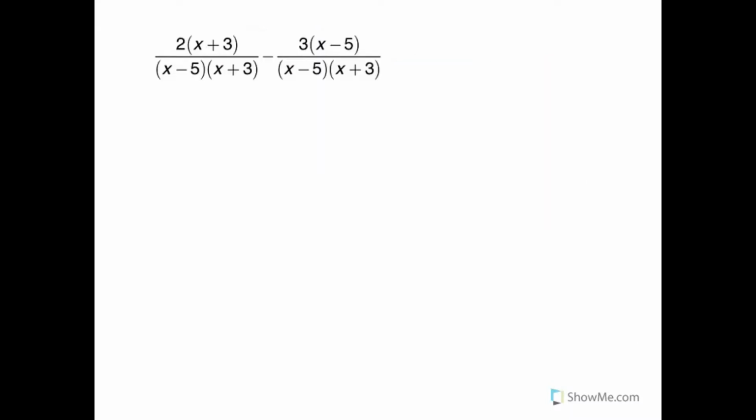Well, here's a complicated looking rational expression. But let's check the denominators. They match, so we're all set. Now, some observant people might be tempted to cancel. You see that there's an x plus 3 on the top here that matches this x plus 3 on the bottom.